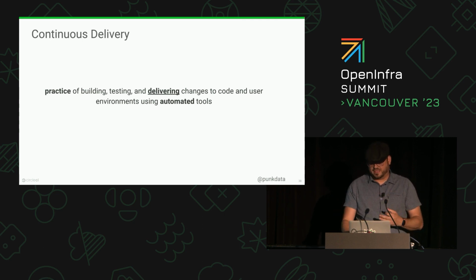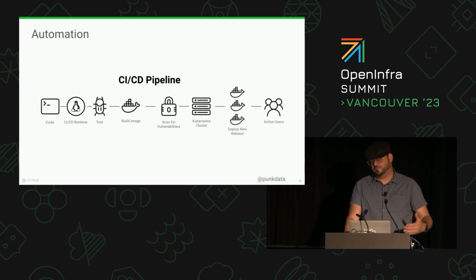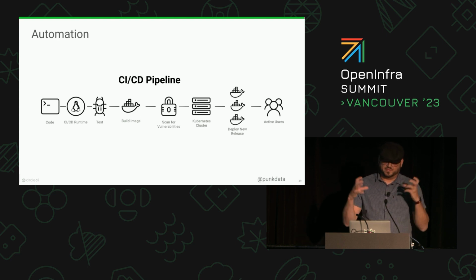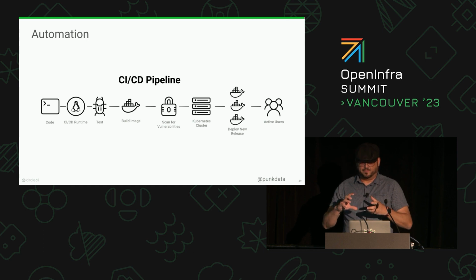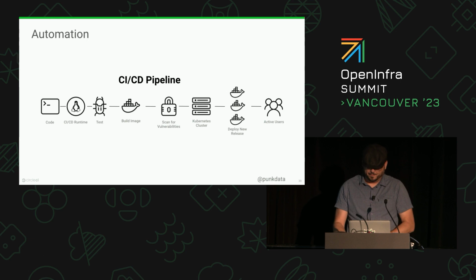You're going to automate that, and that's where CI/CD comes into play. Within continuous delivery there's the concept of CI/CD, and this is just an example of a pipeline. These are the things we're automating to ensure our continuous delivery runs are consistent and reliable, and the only way you can do that is through automation.